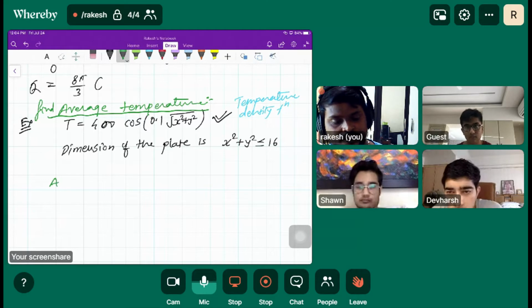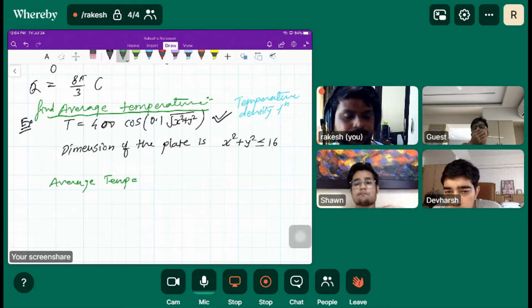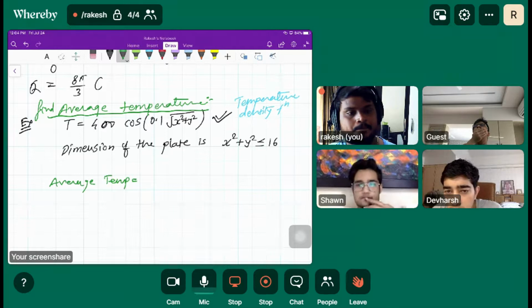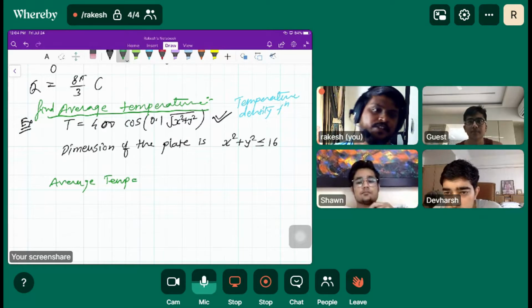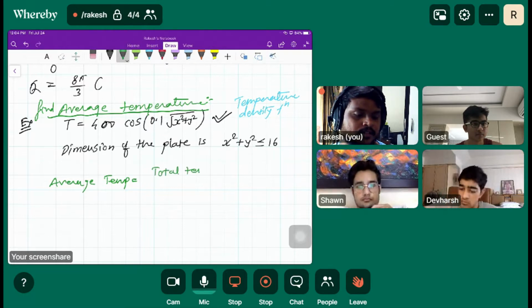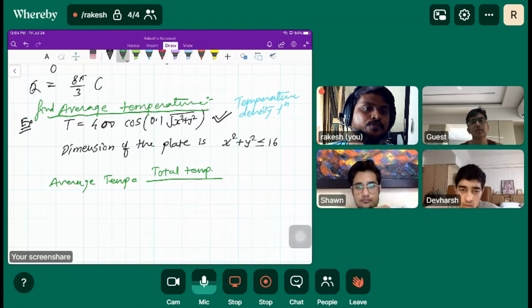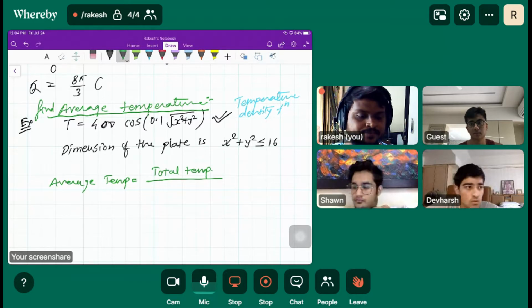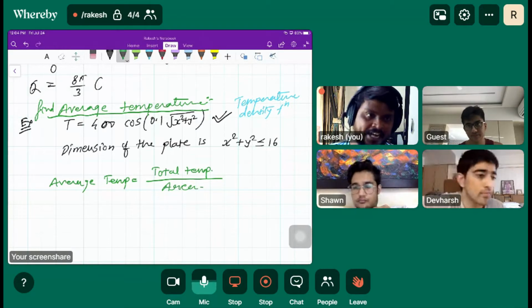So would the area be 16 pi? Yes, 16 pi. Perfect. Because it is circular, you could find it directly. But if it is not circular, then to find the area, you remember the height one?